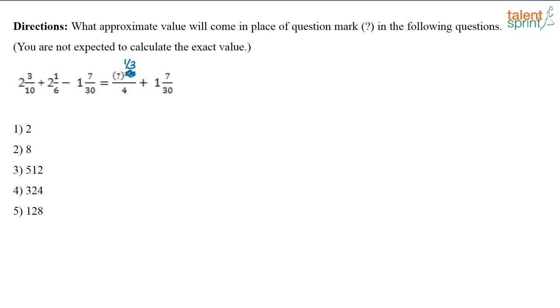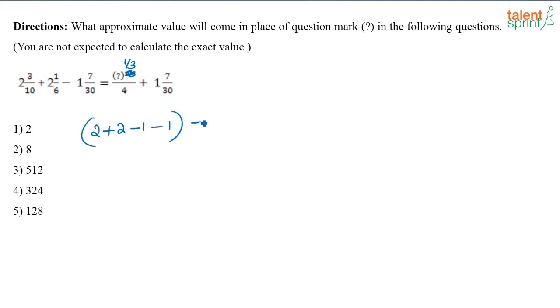When you have mixed fractions with a whole number part and a fractional part, you can take the whole number parts together and the fractional parts together. So basically you can write this as 2 plus 2 minus 1. I'm bringing this to the other side, so again 1 minus 1 will be there.